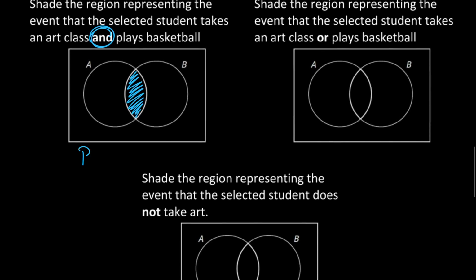So let me write our probability notation for and. Up until this point, you've just been probably writing the probability of A and B. Well, there's actually a symbol for and or intersection, and it is an upside down U. This reads the probability of A and B. It's just a symbol.